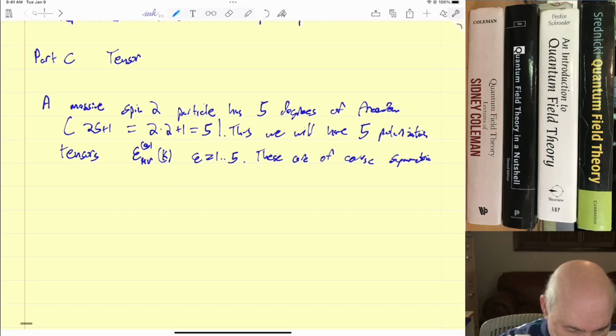So we have current conservation, and so that's that. And then we're going to have tracelessness.